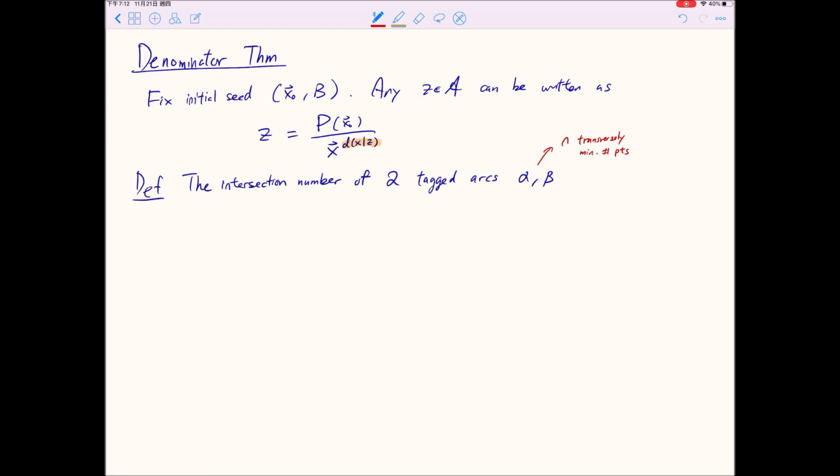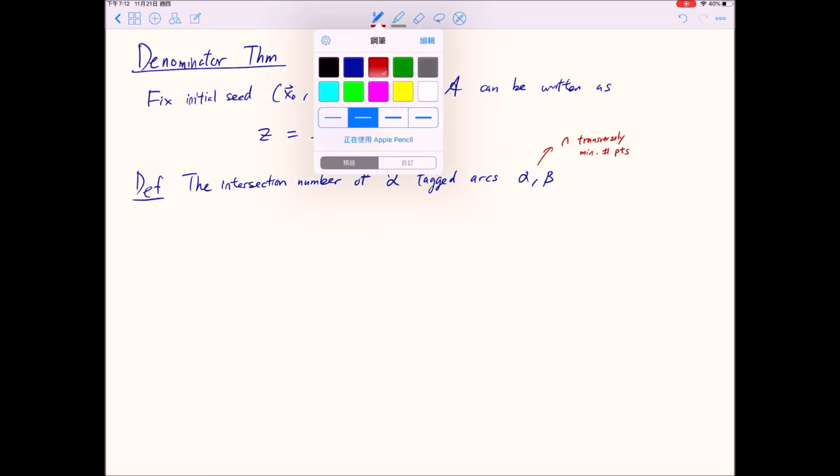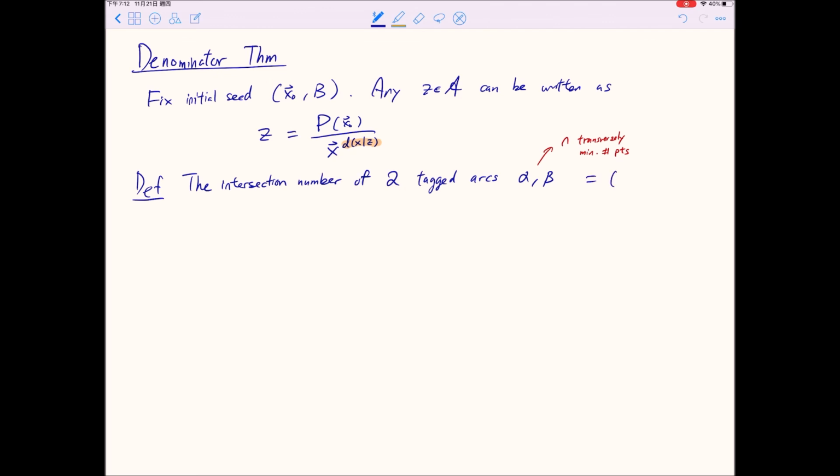The intersection number of two tag arcs will be defined by this symbol, and this is expressed in terms of four numbers. The first number is the real intersection, so it's the intersection of the undone version, ignoring the endpoint.